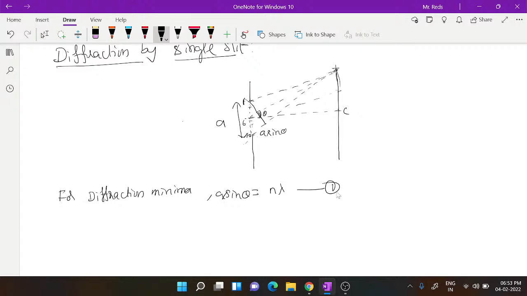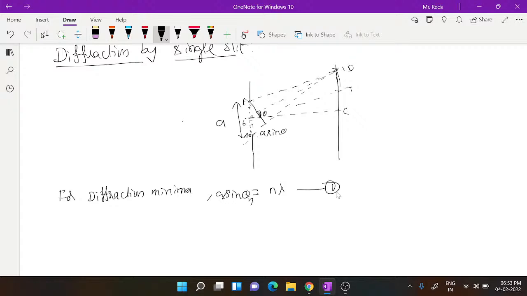If n is 1, the corresponding angle will be theta 1. For some n, that particular angle can be theta n. So theta n gives the angular position of the nth diffraction minimum.